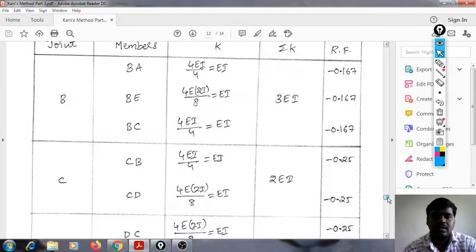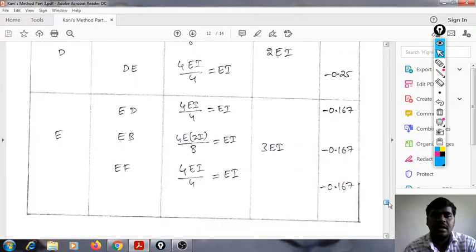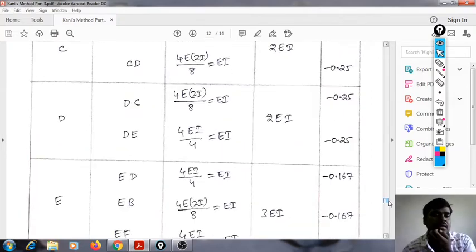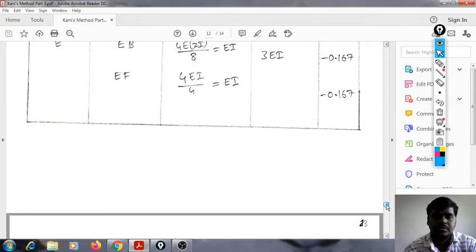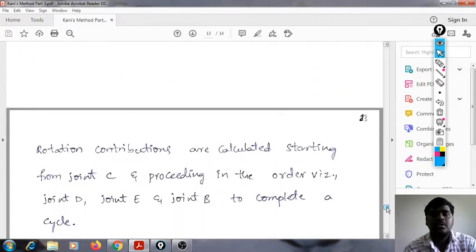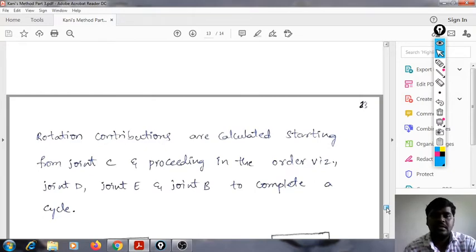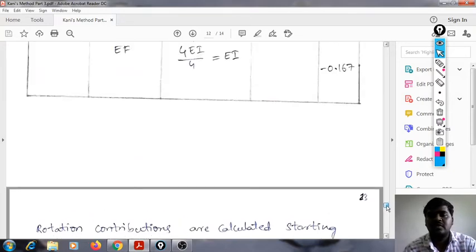So, these are the joints B, C, D and E. We are also considering joint D and joint E. Rotation contributions are calculated starting from C. Why are we starting from C?